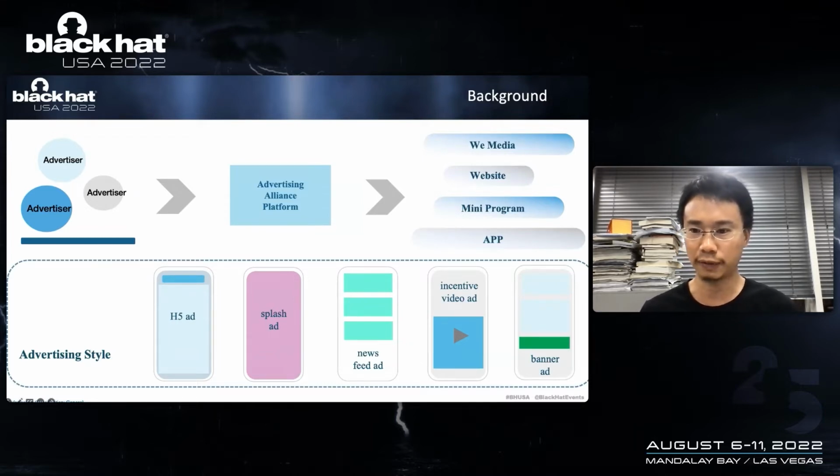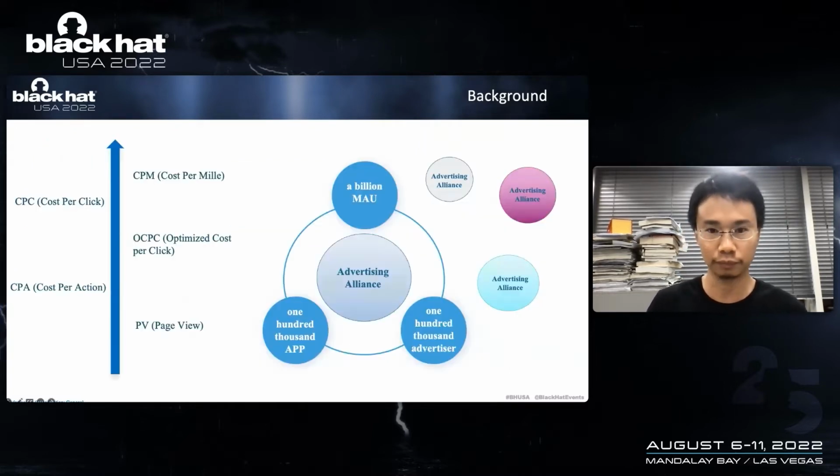A large number of advertisers display advertisements on multiple third-party media through the advertising alliance platform. For example, the advertiser invests $100. The advertising alliance platform company will get 30, and the third-party apps get 70, forming a three-way win-win situation.